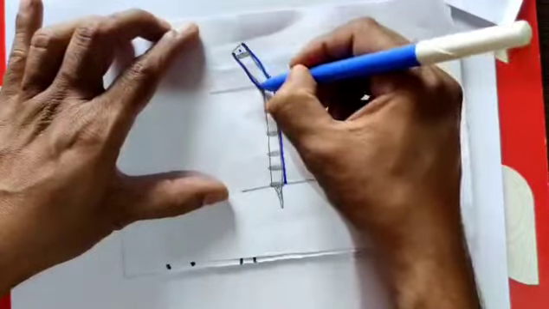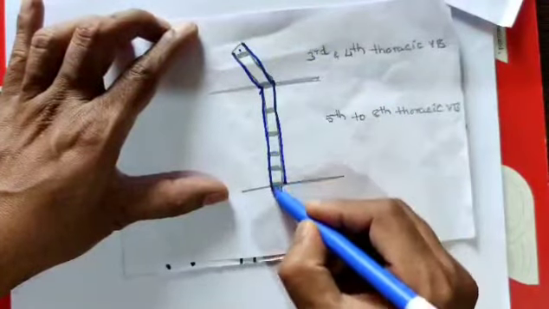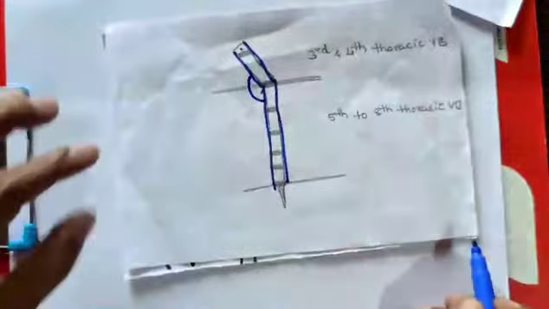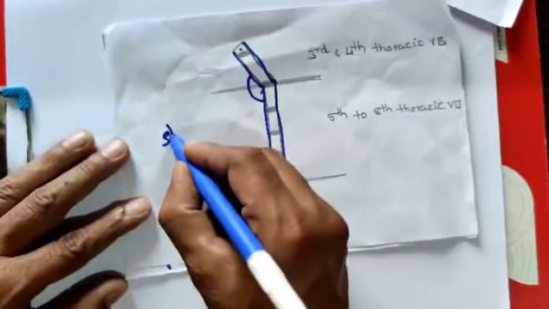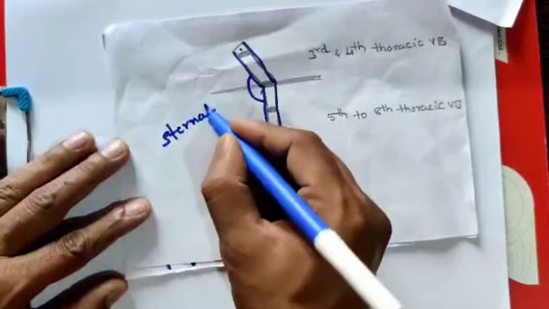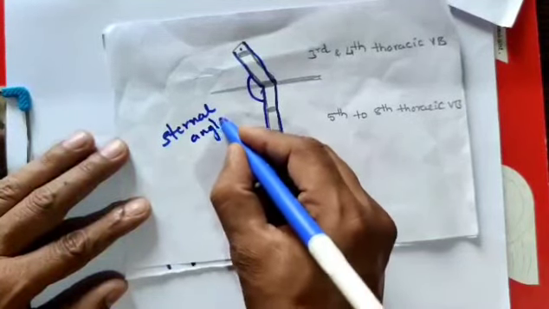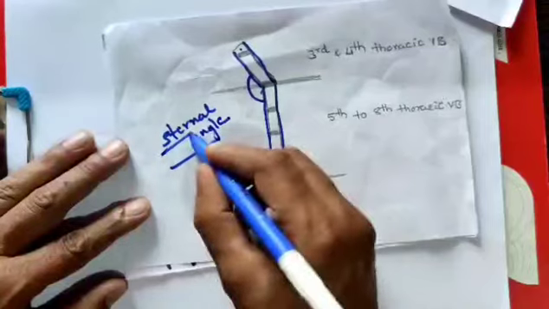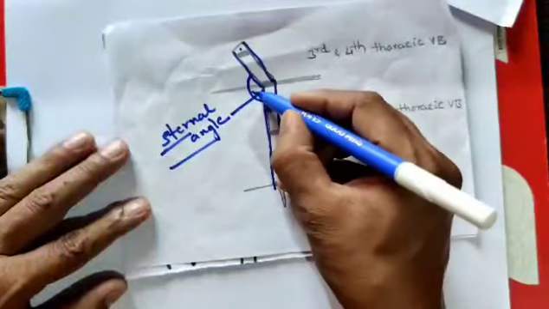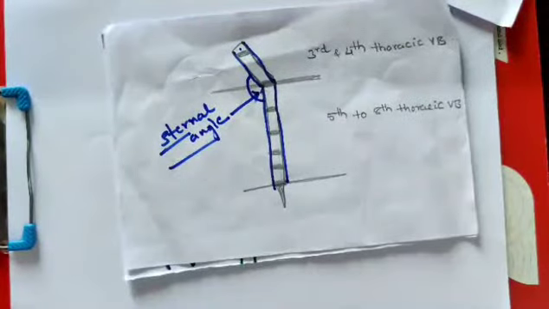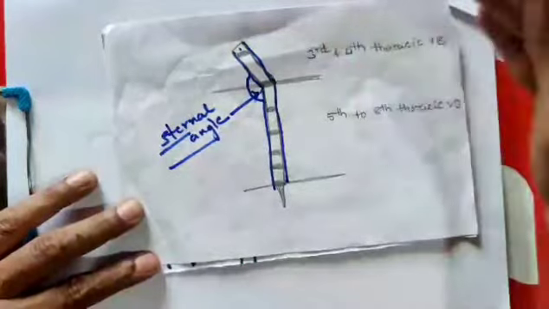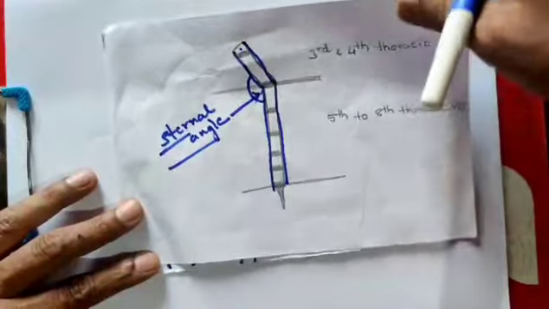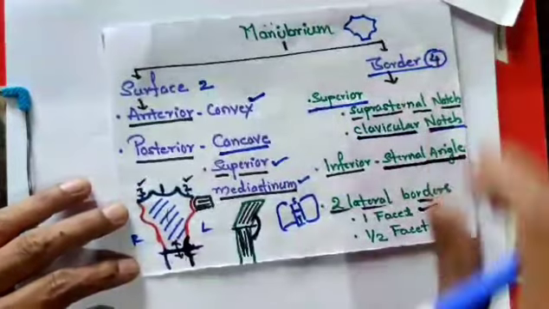Where the manubrium sterni joins with the body of the sternum, it is a little bit bent. So it forms an angle. This angle is known as the sternal angle or angle of Lewis. It has its own clinical importance. We will discuss this sternal angle in a separate video.